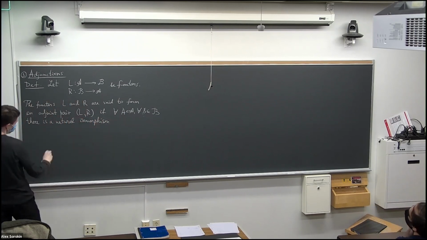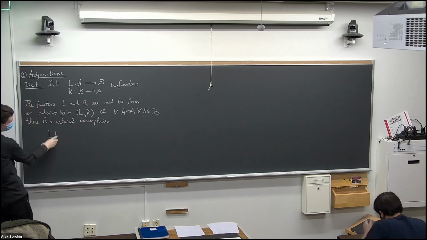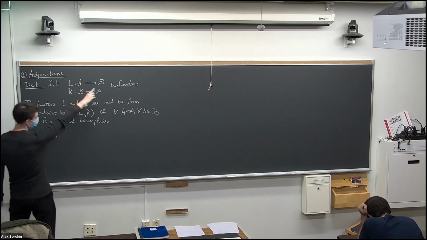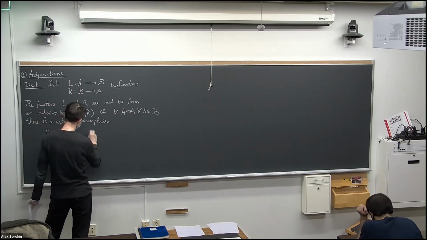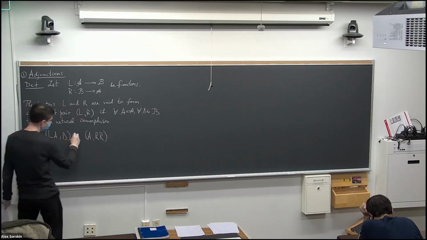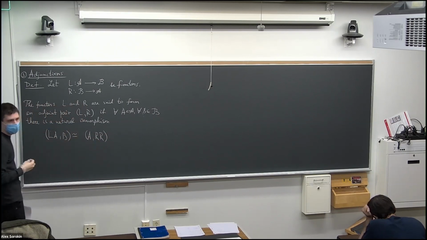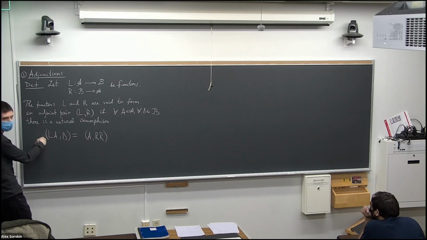So what we are doing: we are taking the image of object A under the functor L, an object in category B, and comparing it with object B. We are taking object A and taking an arrow from A to R of B. These two hom sets need to be isomorphic. Now it's very important to write where the objects live.